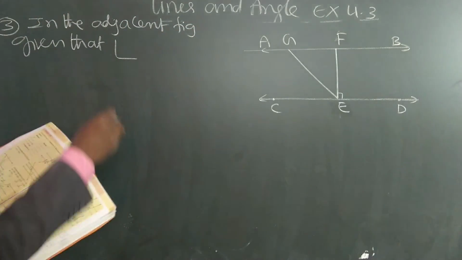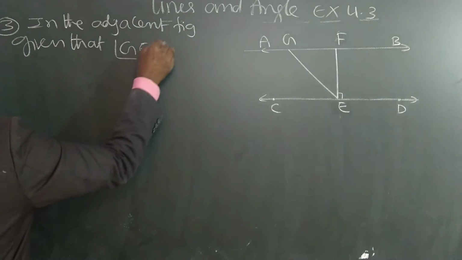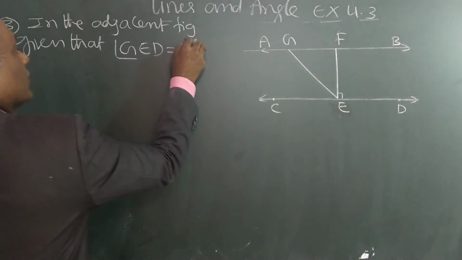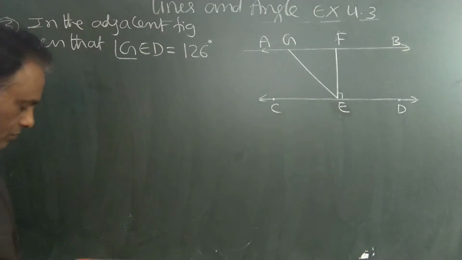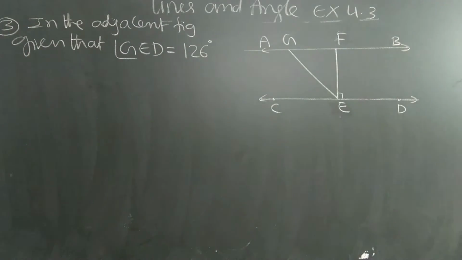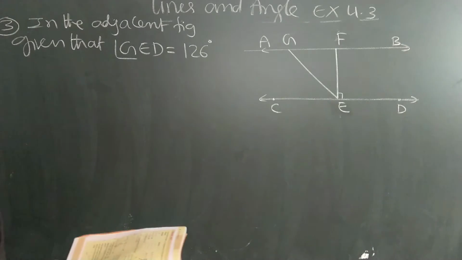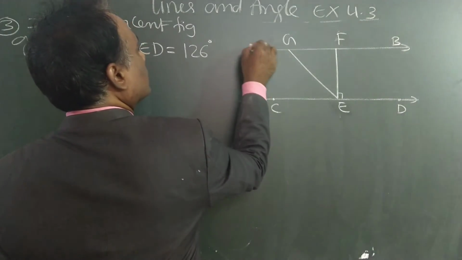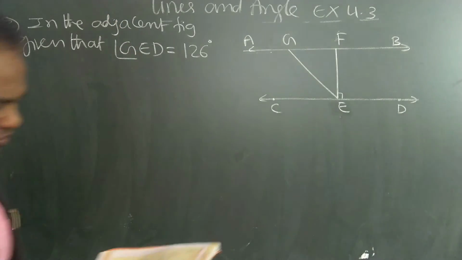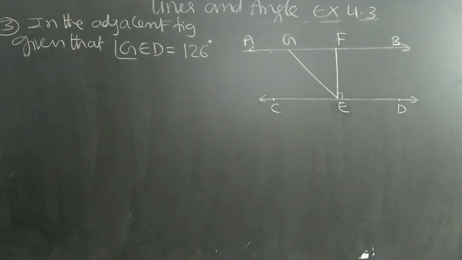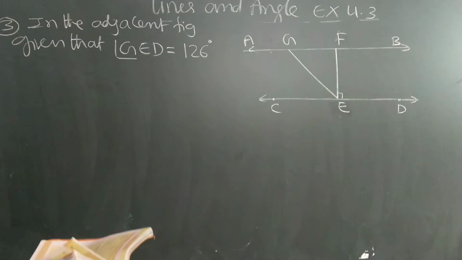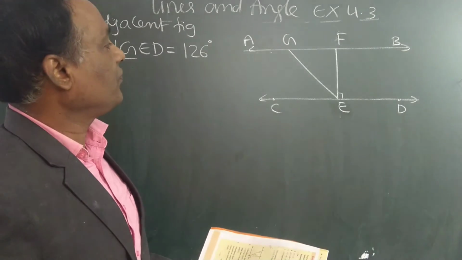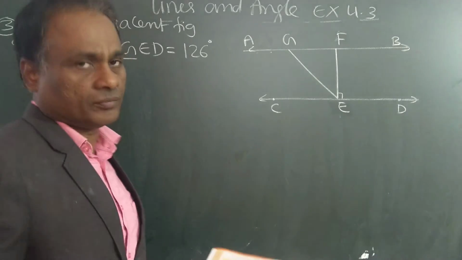Whatever given information I am writing, students, GED is equal to 126. So find AGE. Some question is asked, AGE, GEF and FGE.